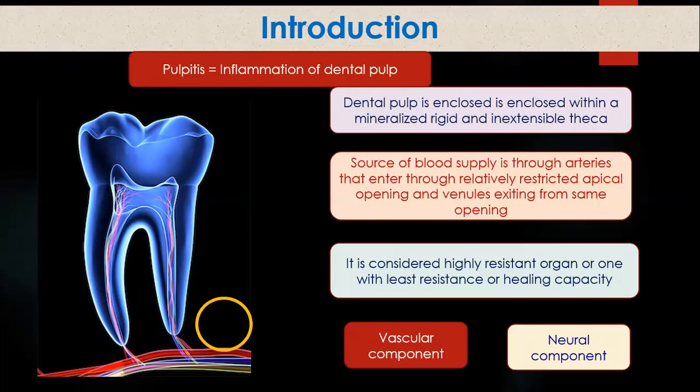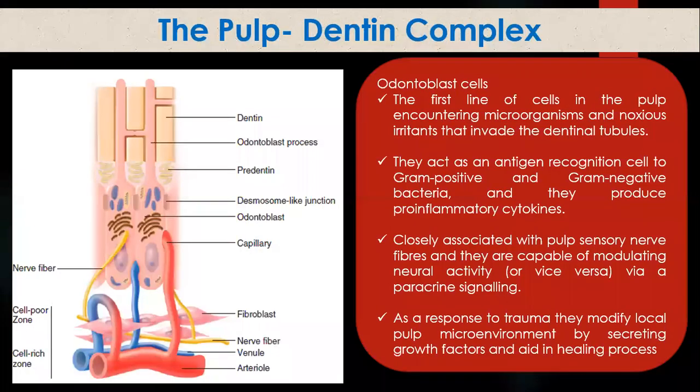In this way, both the vascular component and the neural component individually play a role in pulpal inflammation. However, they are intermingled with each other to produce the signs and symptoms clinically. So we must learn both the components and their contribution to the inflammation.